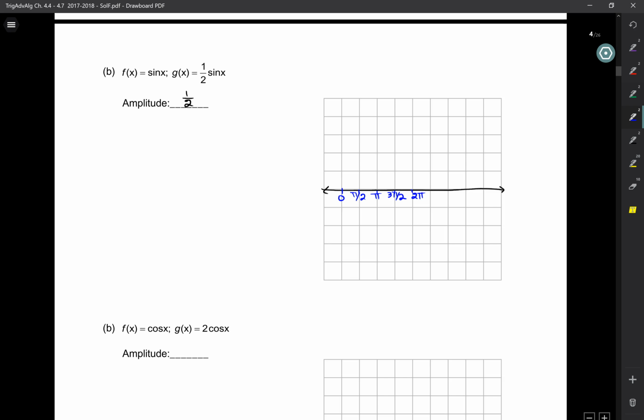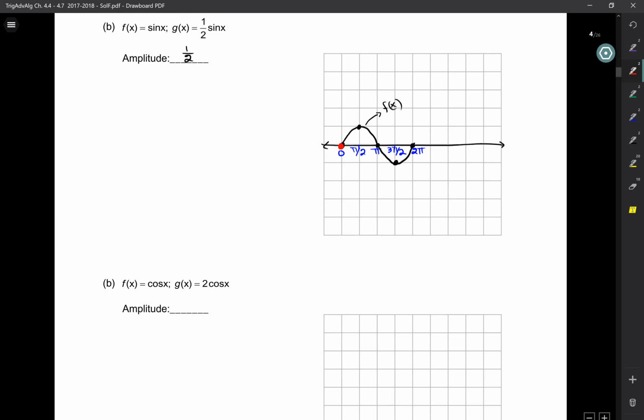All right, so let's graph f of x. I start at 0, up to 1, 0, down to 1, 0. Okay? So that's f of x. Now, g of x, same deal. But how high do I go?